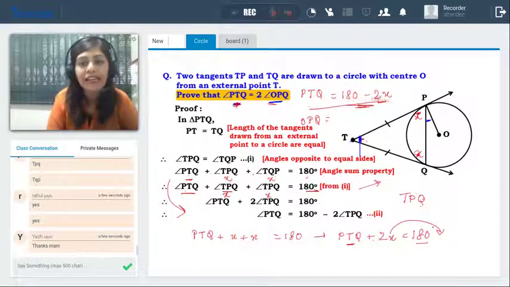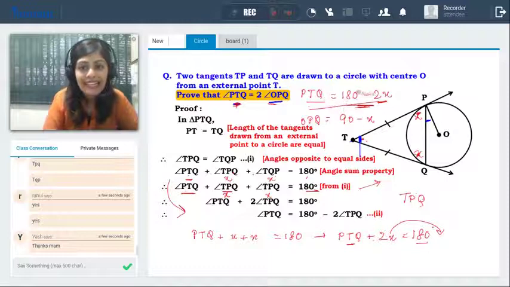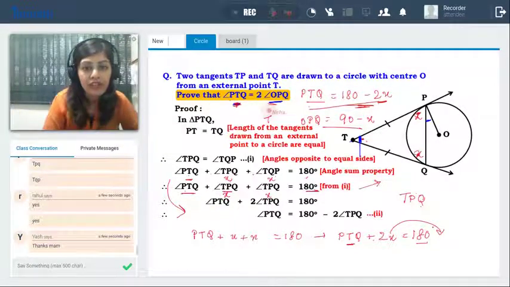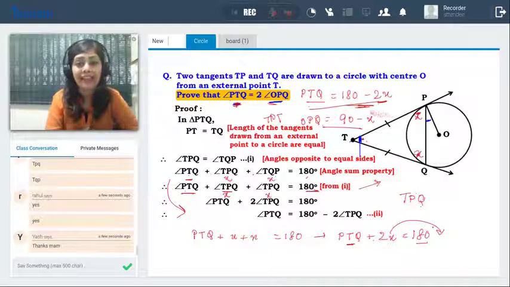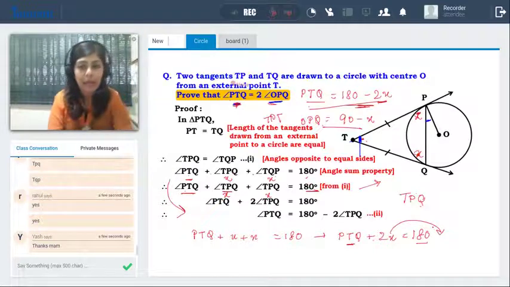Now, what is half of 180 minus 2x? Is it 90 minus x? Half of PTQ is 90 minus x. Is that correct? We need to prove that OPQ is 90 minus x because OPQ is half of PTQ. This is what we have to prove.